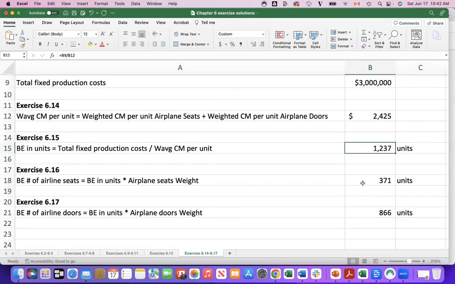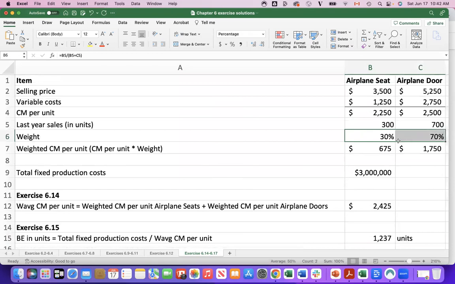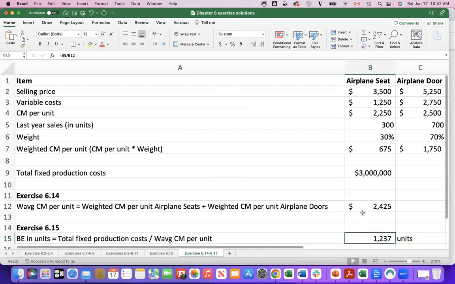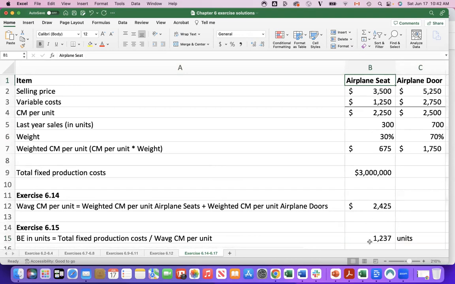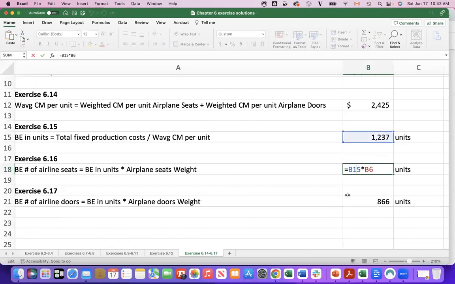There is an assumption here, and the assumption is that this weight or product mix is the same at break-even point. In other words, in order to break even, we have to sell 1,237 total units. The assumption is that 30% of these units are the seats and 70% of those units are the door. So in order to break even, if total sales is 1,237 units, that means of that, 30%, or 371, are going to be airline seats.